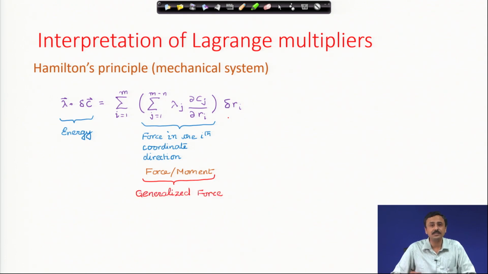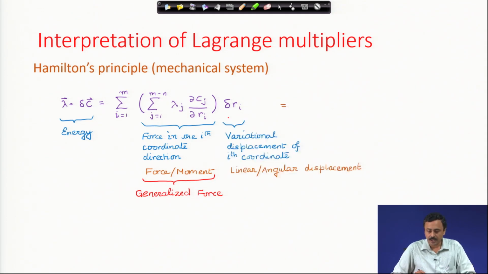Therefore, we call this the generalized force. This generalized force is coming out of constraints. Therefore, these must be our generalized constraint forces, and delta R i is nothing but the variational displacement of the ith coordinate.